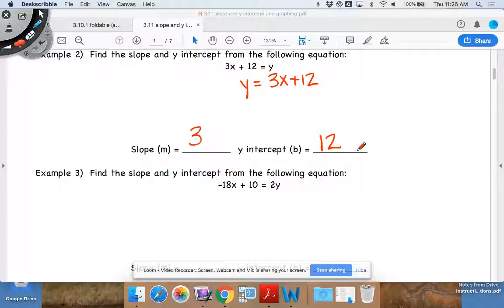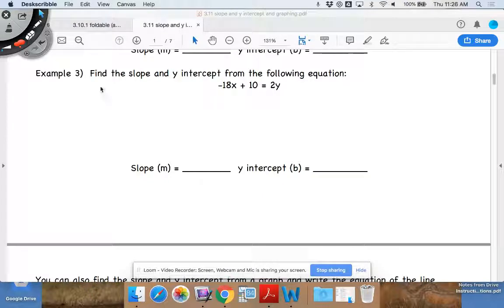Okay. Now we get to example 3. Is that in y equals? No. So we have to do a little bit of work. First thing that I would do is I would flip-flop it and write it as 2y equals negative 18x plus 10. So because this is an equal sign, I can literally just move them around.